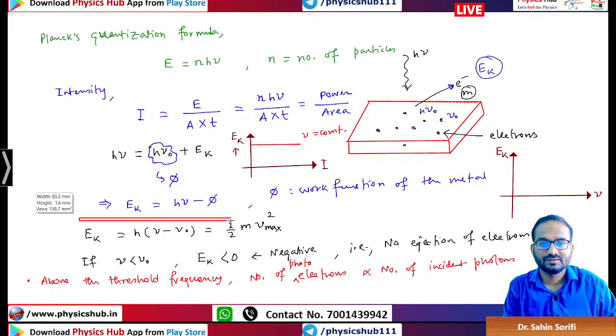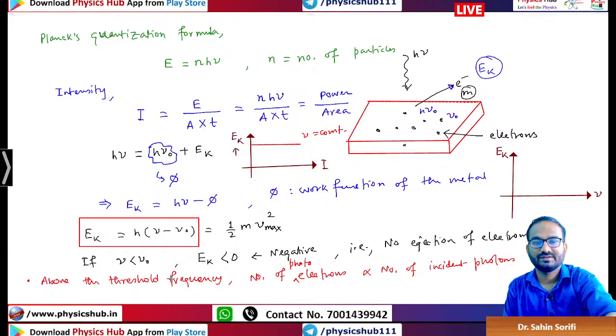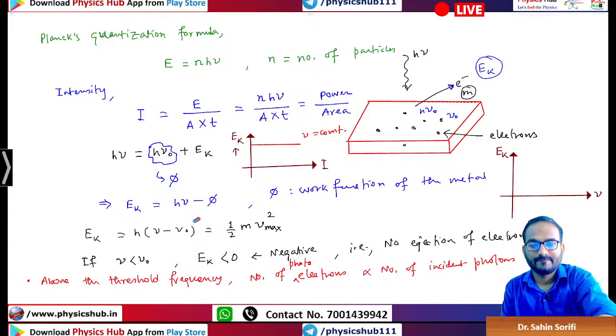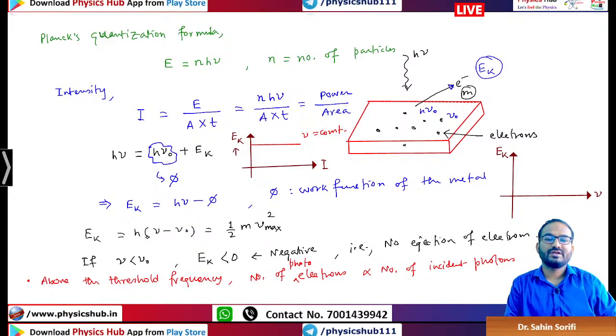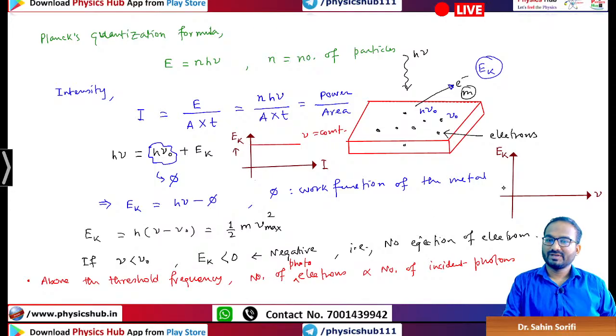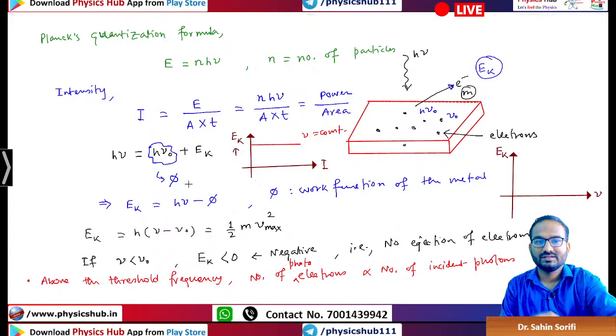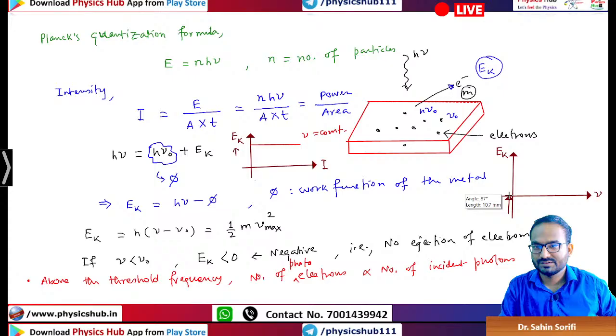You can see it is of the form y equals m x plus c, with a positive slope, but the intercept on the y-axis is negative. How much is the intercept on the y-axis? It is minus h nu 0.